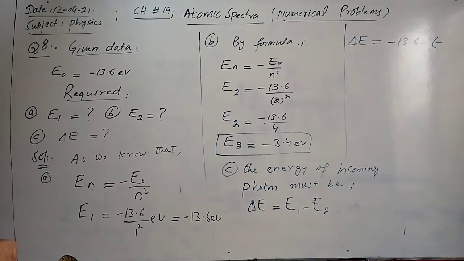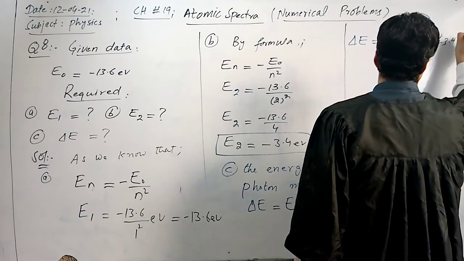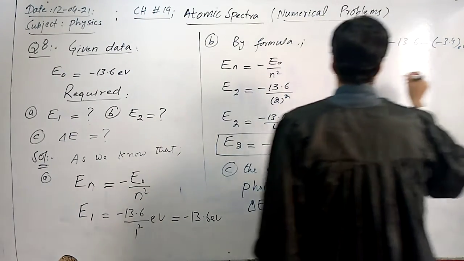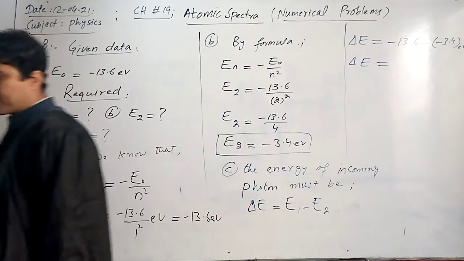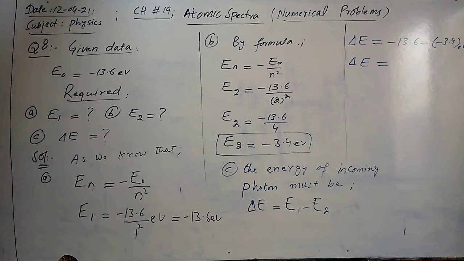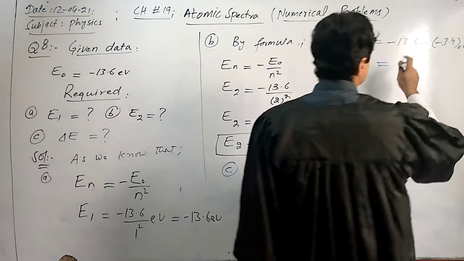So delta E is equal to minus 13.6 minus of minus 3.4 electron volt.